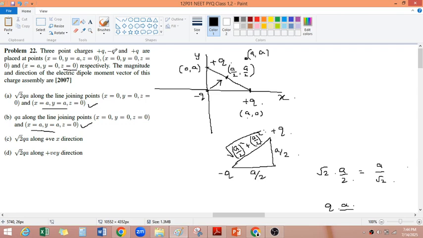Maybe this is not minus q, it is minus 2q, I think. Okay, let me double check that. Just checking if it is correct. Let me double check that.